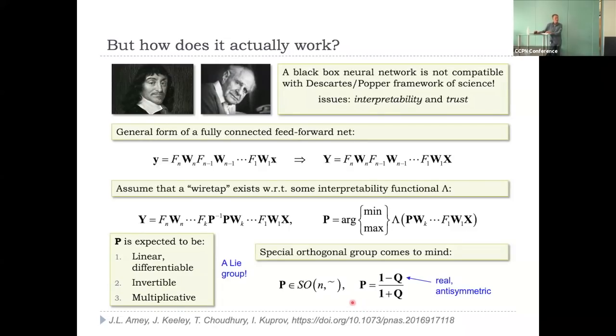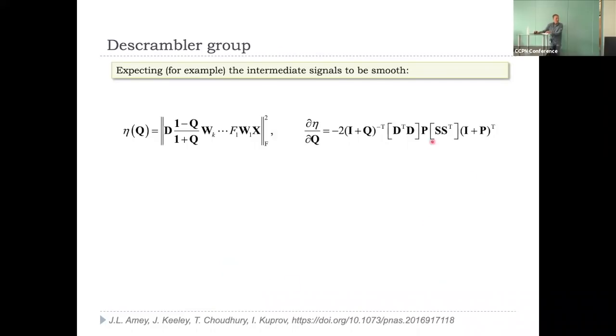Okay, so we didn't pick up SU(2), we picked up SO(n, R). This should be an R, over the real field, in here, some kind of fonts problem. And we tried to find such a transformation as would descramble our neural network. I will not go into this. This is the matrix-valued derivative of that descrambling functional that emphasizes the smoothness.